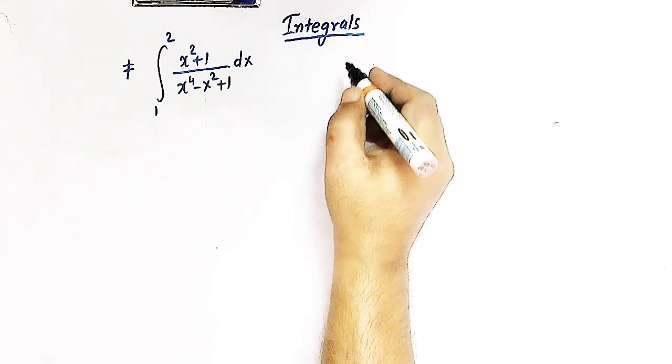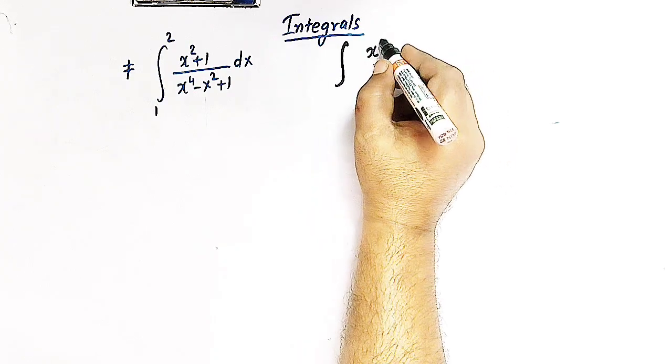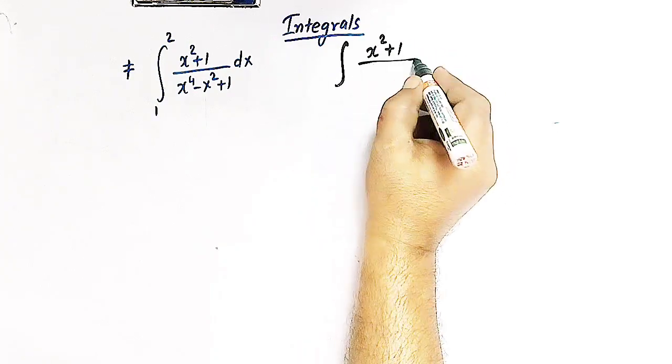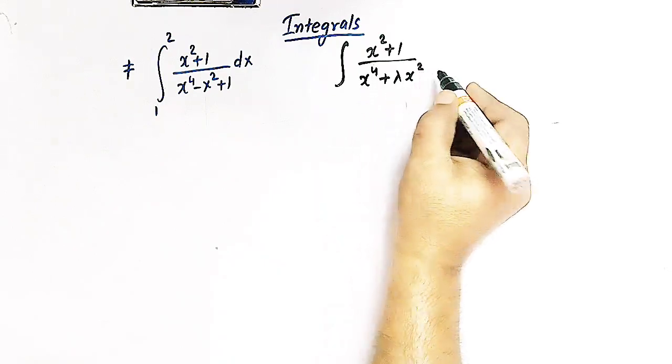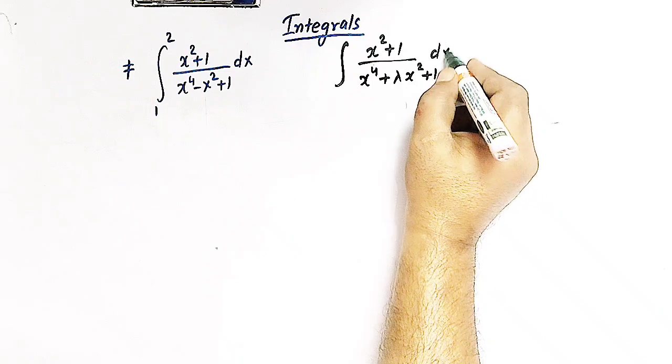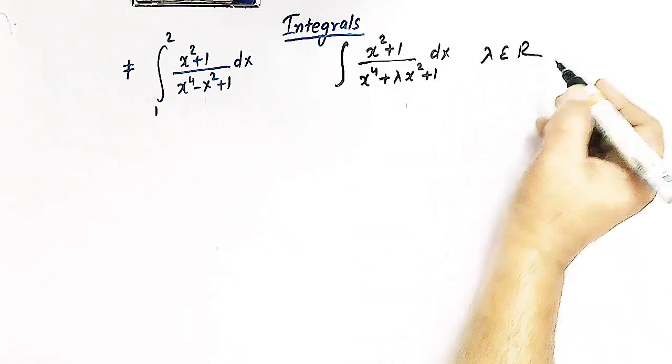So viewers, we have already discussed these kinds of integrals in our earlier videos, and we have discussed the form, that is the integral of (x square plus 1) over (x raised to 4 plus lambda x square plus 1) dx, where this lambda belongs to the set of real numbers, right?